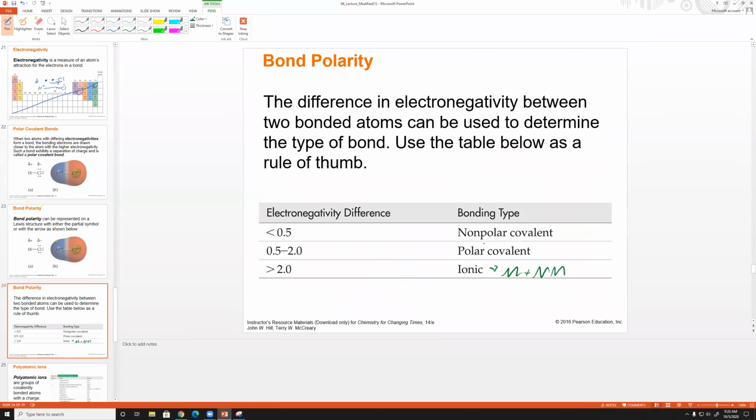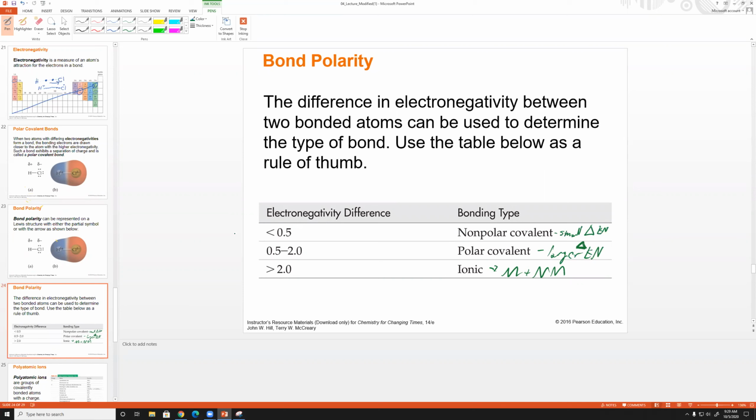But for polar, that means it's a covalent that has a significantly large difference. So larger, I'll put EN, electronegativity difference. The symbol for difference is this capital delta. So larger difference in electronegativity, and nonpolar is a small difference in electronegativity.